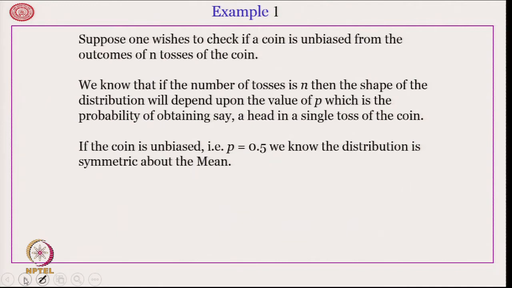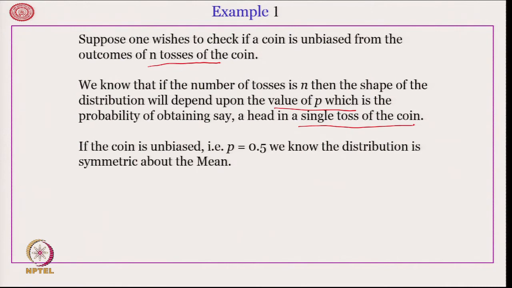Suppose one wishes to check if a coin is unbiased from the outcomes of n tosses of the coin. We know that if the number of tosses is n, then the shape of the distribution will depend upon the value of p, which is the probability of obtaining a head in a single toss of the coin, in other words the probability of success.